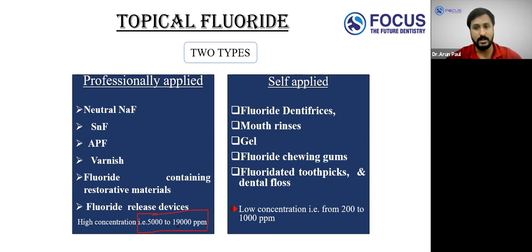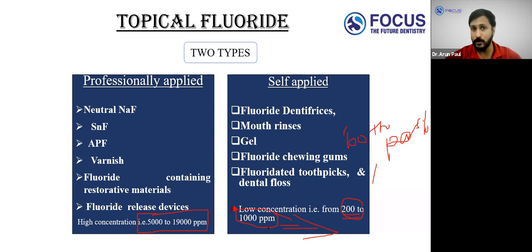They can supervise it. But when you are doing an unsupervised administration of fluoride, like self-applied, those modes will have a lower concentration, that is 200 to 1,000 ppm. The best example is toothpastes, where the fluoride content will be a maximum of 1,000 ppm.